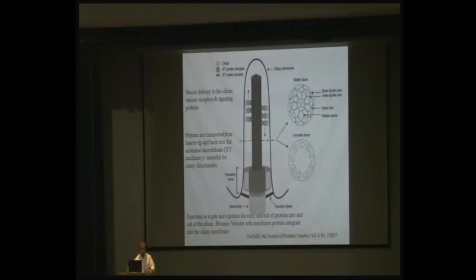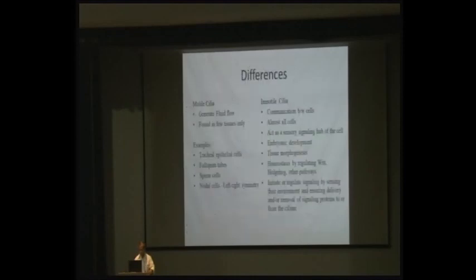The vesicle delivery to the cilium happens through various receptors and signaling proteins, and proteins are transported from base to the tip and then back over the axonal microtubules, and this complex is called the intraflagellar transport protein complex. There is another thing called the IFT motor complex.